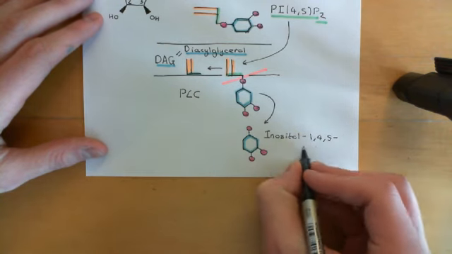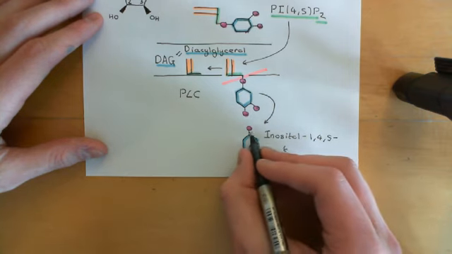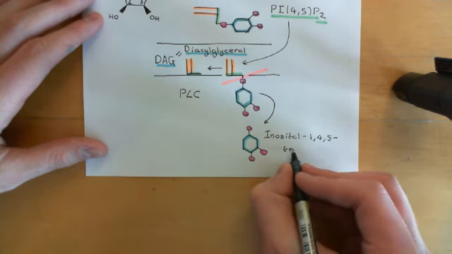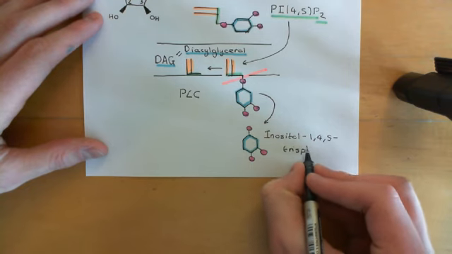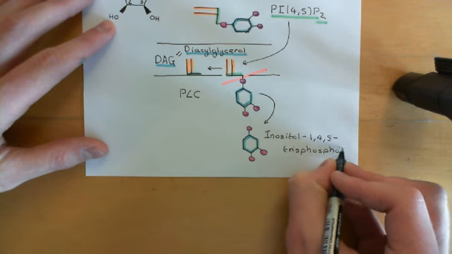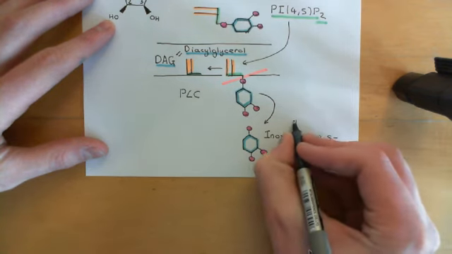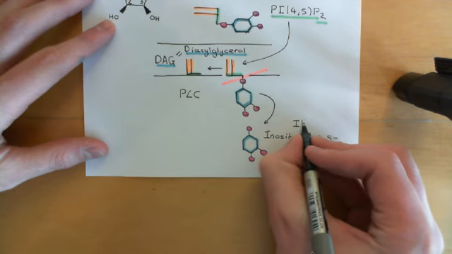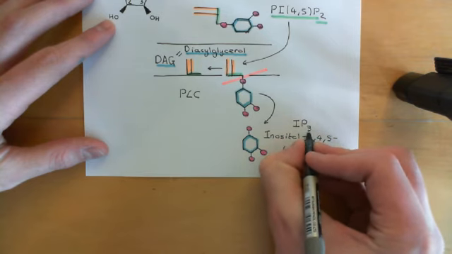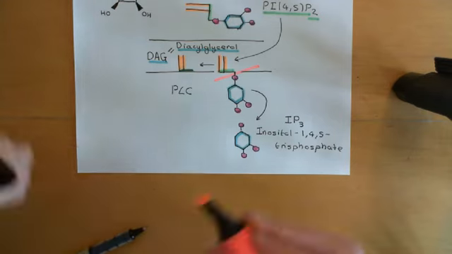So inositol 1,4,5, because those are the carbons off which you have the phosphate groups, and then tris for three phosphate. So inositol 1,4,5-trisphosphate, and for short, it is abbreviated down to I for inositol, P for phosphate, and then we've got three phosphate groups coming off it, so it's IP3.